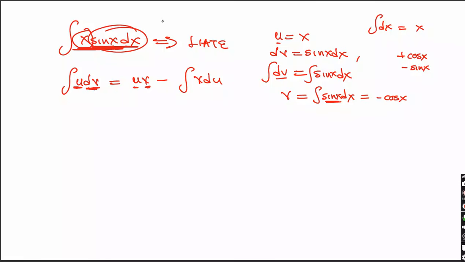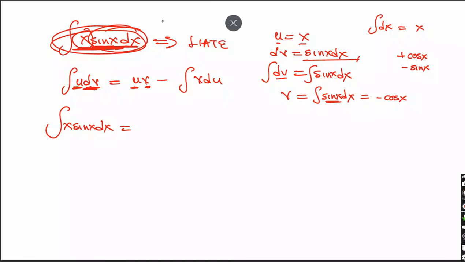So after that, since we have v and we have dv and we have u, we can just come and replace all the values that we have. So we have u is x, and we have dv is sine x dx. And you can see that we are just rewriting the question that we are looking for.